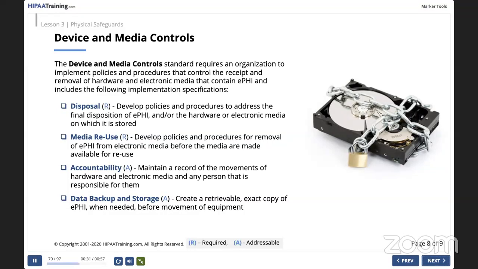Media reuse. Develop policies and procedures for removal of EPHI from electronic media before the media are made available for reuse. Accountability. Maintain a record of the movements of hardware and electronic media and any person that is responsible for them. Data backup and storage. Create a retrievable exact copy of EPHI when needed before movement of equipment.